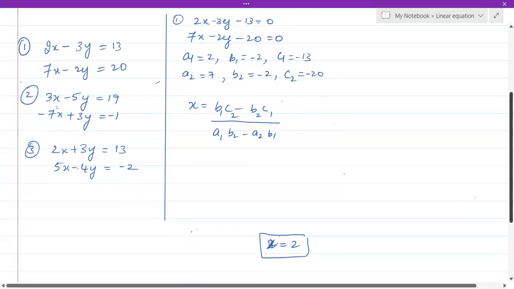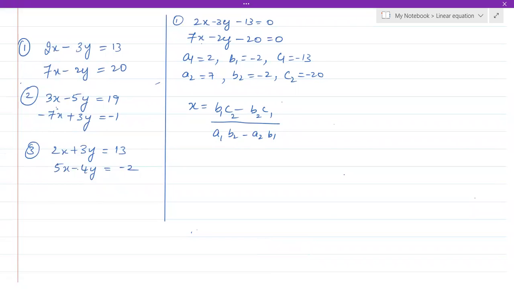X equals, as you can see, B1 is minus 2, C2 is minus 20, minus B2 is again minus 2. Okay, I've made a small mistake. B1 is minus 3. I'm sorry. Yeah. B1 is minus 3. B2 is minus 2. And C1 is minus 13.